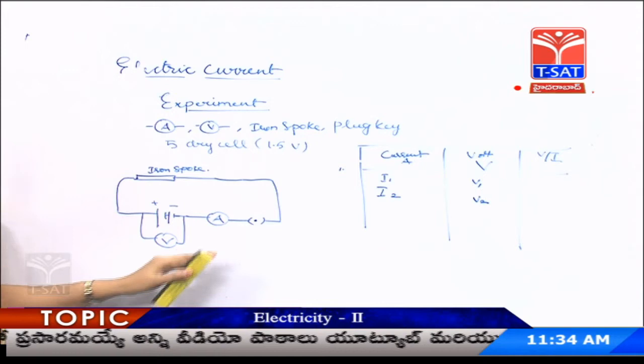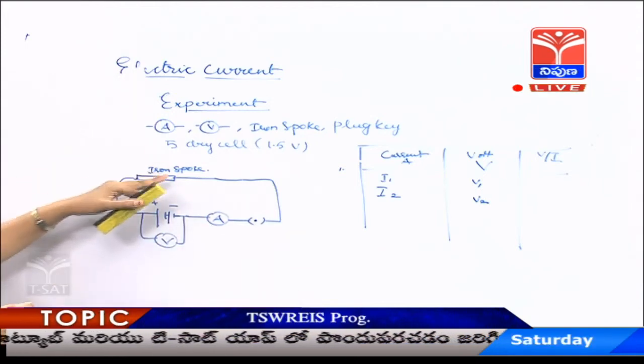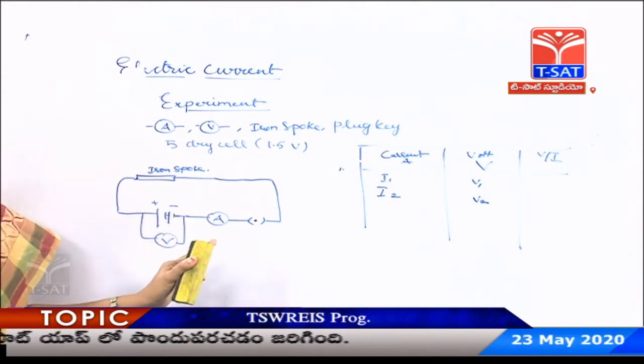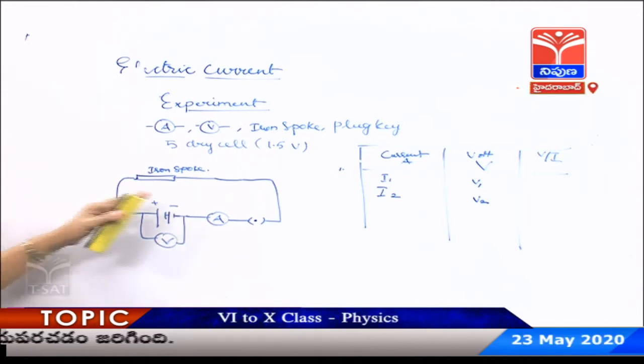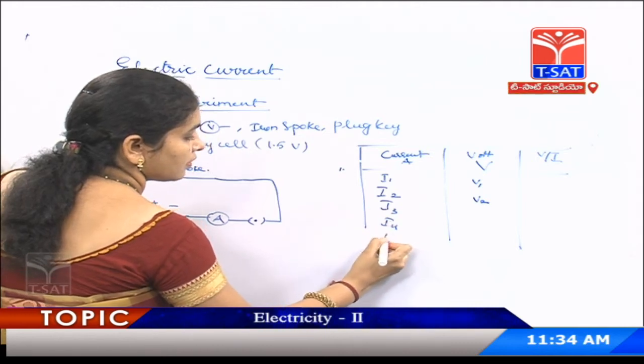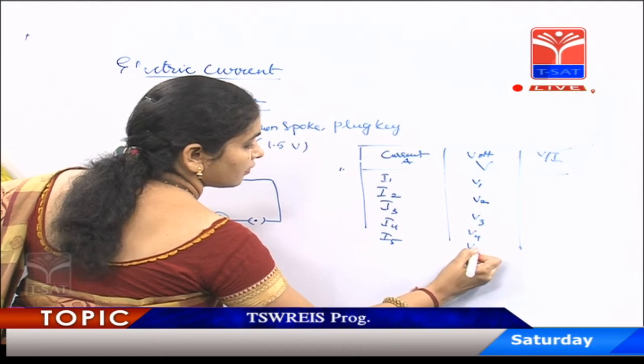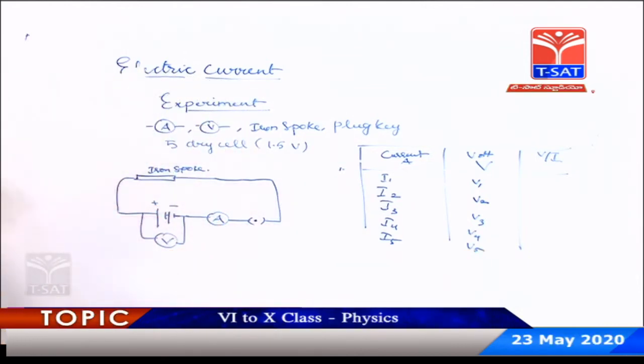Now repeat the experiment with 3 cells, 4 cells and 5 cells, and every time note down the readings from the ammeter and voltmeter respectively.